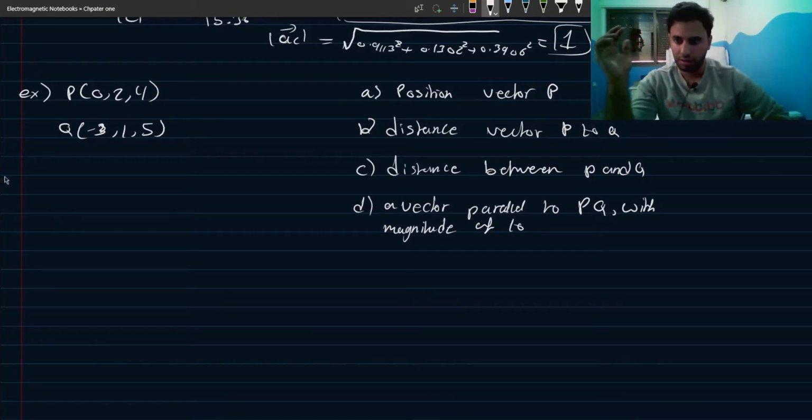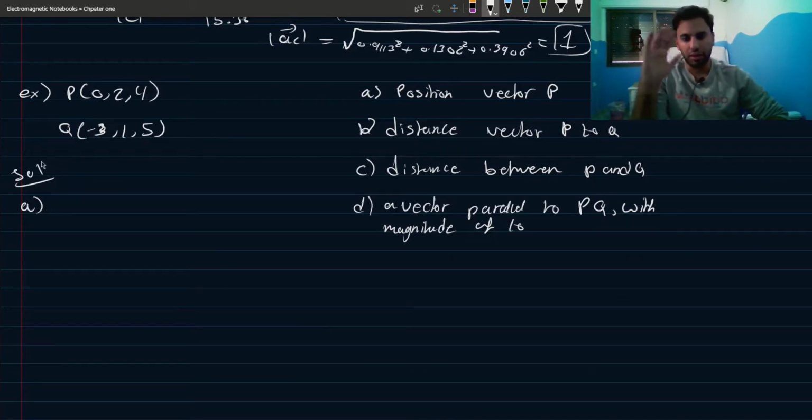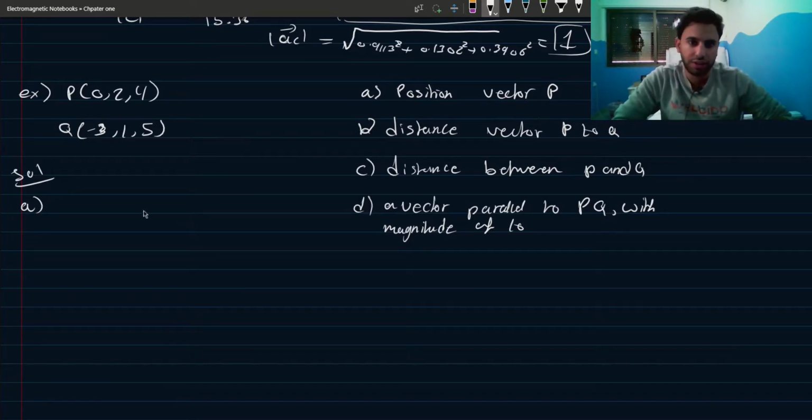And let's start with A. Again, pause the video, try to solve these by yourself, come back and look at the answer. Giving them a shot by yourself is a great boost. So, position vector of P, R_P. If you remember, what would that equal to?